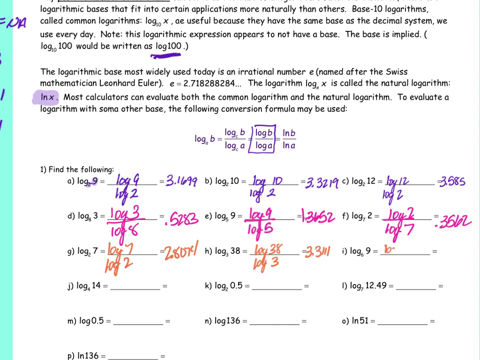And then we've got log of 9 divided by log of 6, which is 1.2263.